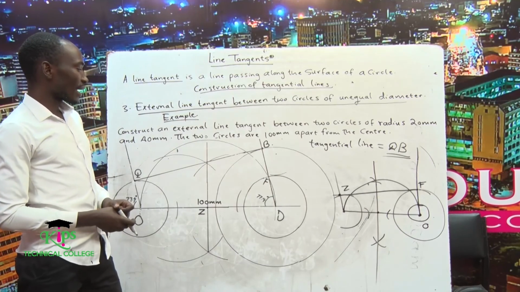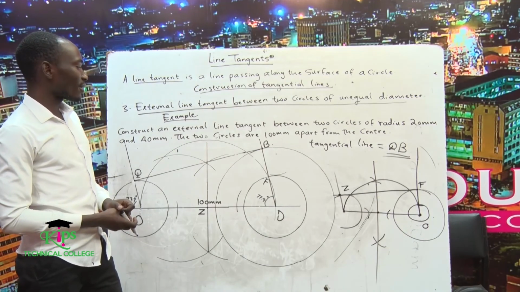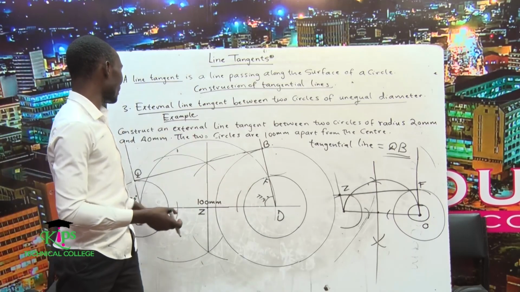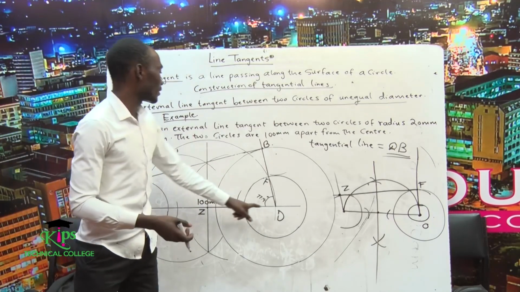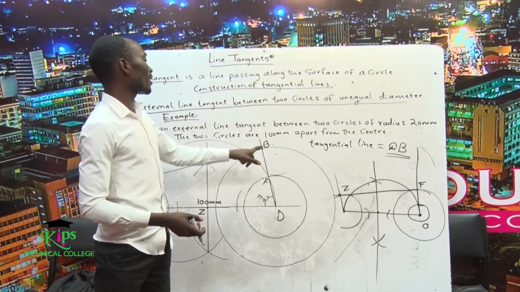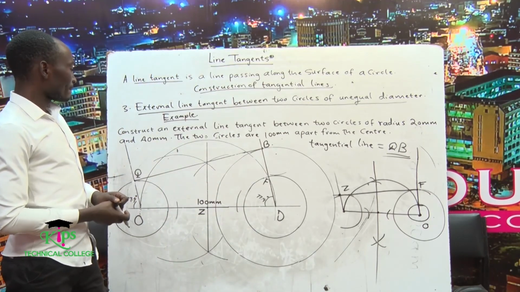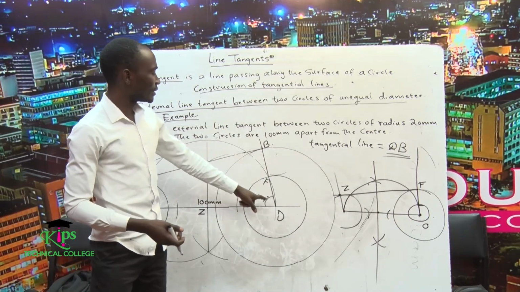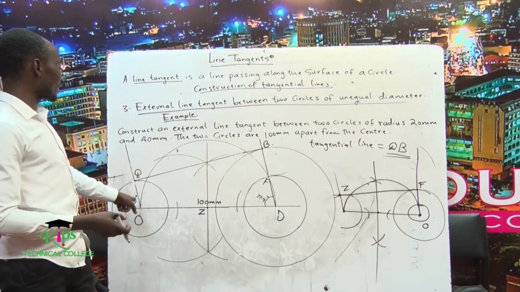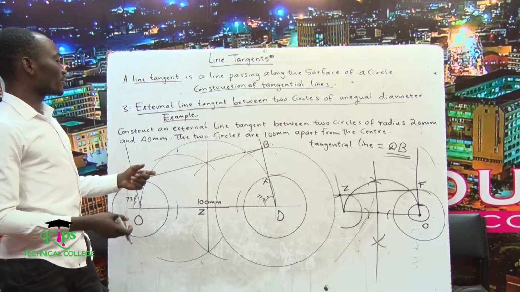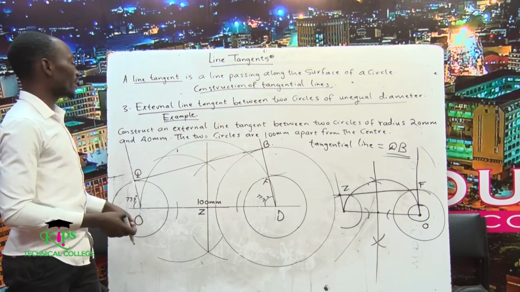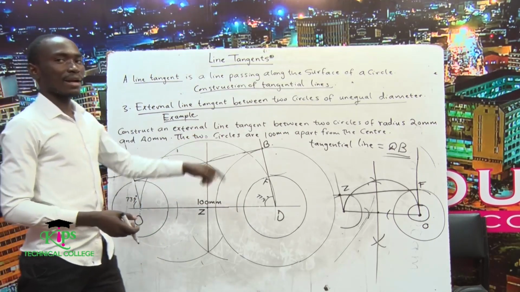Then at that point whereby the smaller circle touches the semicircle that you drew after you bisected this line, extend the line and label it. Then ensure that this line DB is parallel to this other line. You can use a protractor to transfer these degrees here to accurately ensure that these lines are parallel.